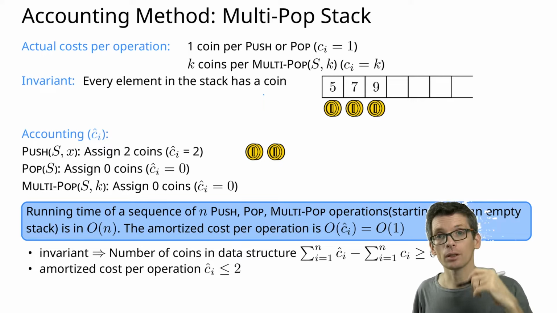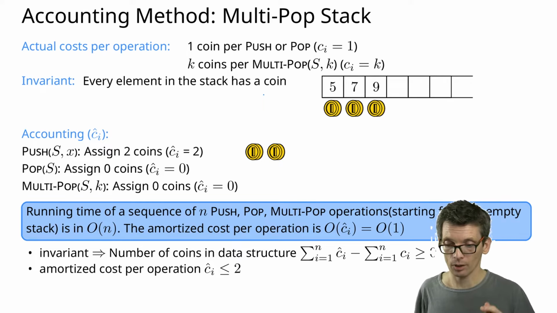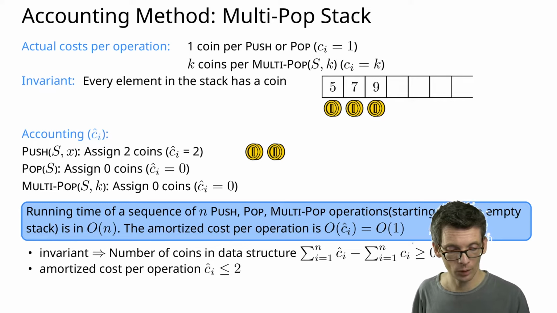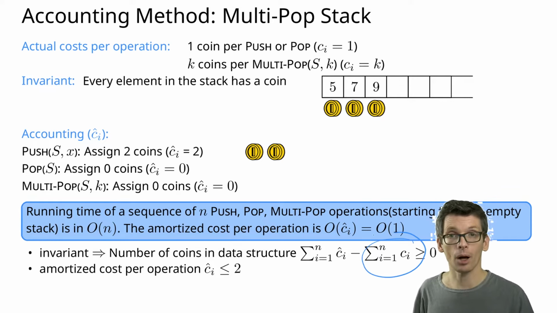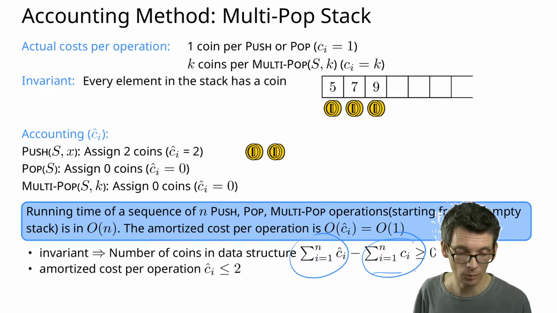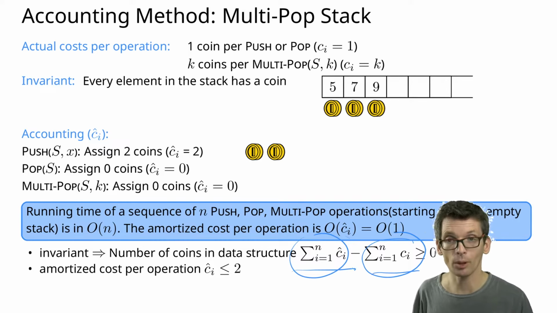This together with the bound on the amortized cost, so any operation costs at most 2, namely the push costs 2, everything else costs even less, gives us that the actual costs, we can bound them by the amortized cost, or more specifically the sum of actual costs by the sum of amortized cost.